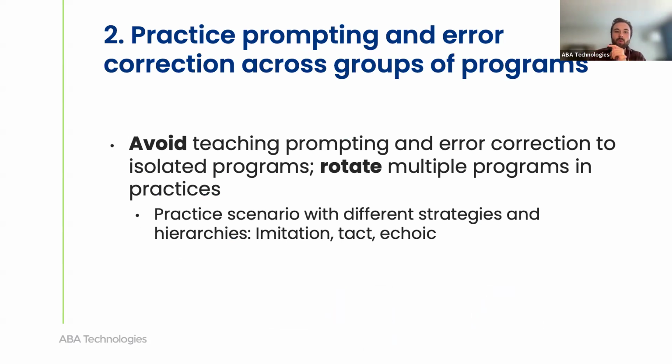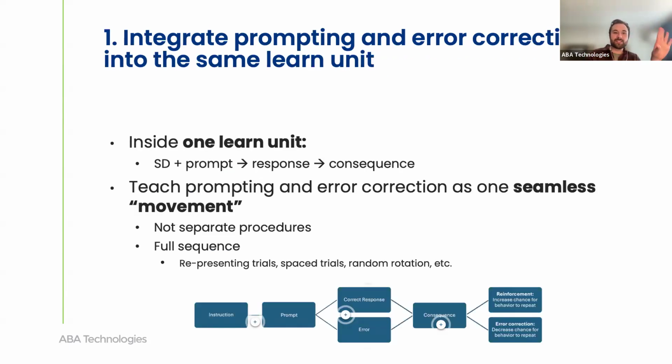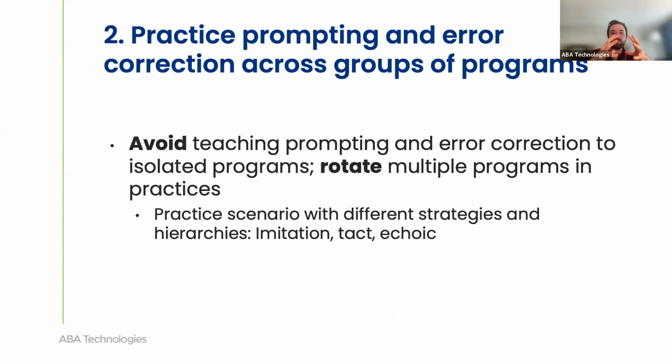Okay, so now the second one is to practice prompting and error correction around a group of programs rather than on a single program. So in addition to the first tactic, integrating prompting and error correction into the same learn unit, not only do people train it as two separate things rather than integrated, they will also get trainees to practice using prompts or error correction on the same target in succession rather than having them rotate between programs.